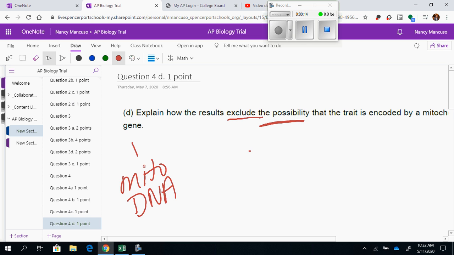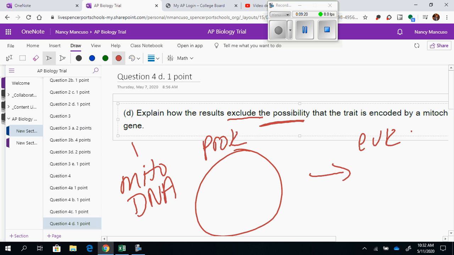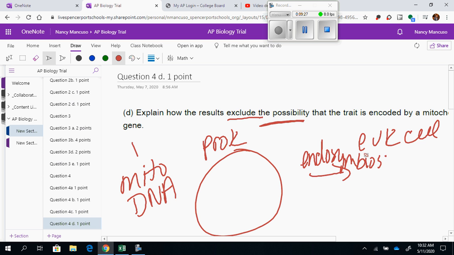We know that if this was my prokaryotic cell, the way that it became a eukaryotic cell was through endosymbiosis. Endosymbiosis showed us that originally when this cell took in another cell, instead of destroying it like it normally would for food, it kept it inside. That's how you got a eukaryotic cell.